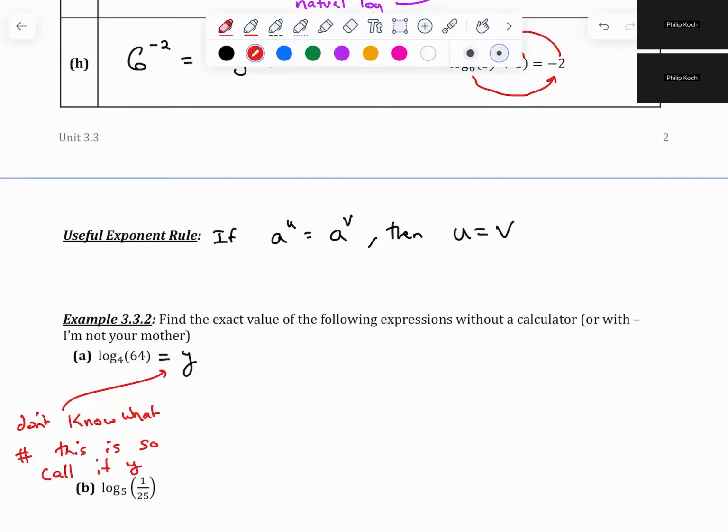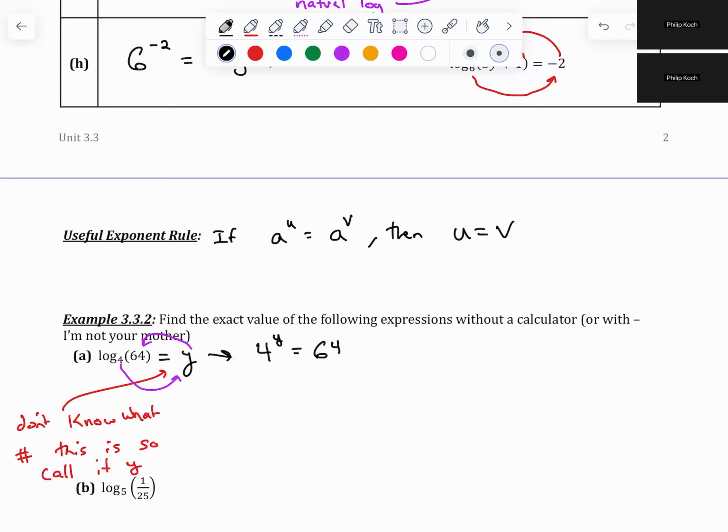You could call it x, you could call it a puppy, whatever you really want to do. And so what we can do, therefore, is convert it to exponential form. We start with the base, work our way across the equal sign, and then back over to say that 4 to the y is equal to 64.